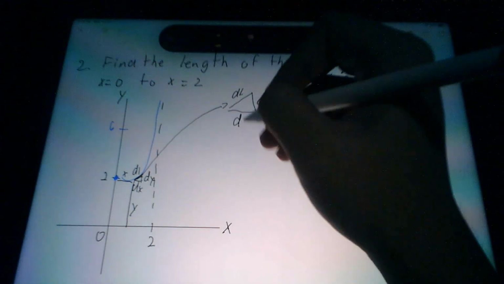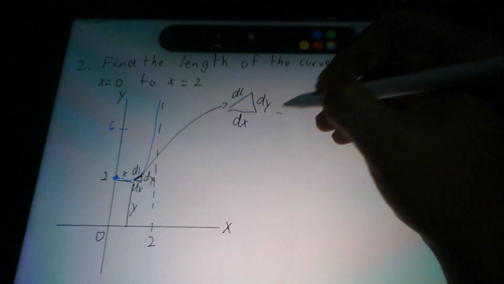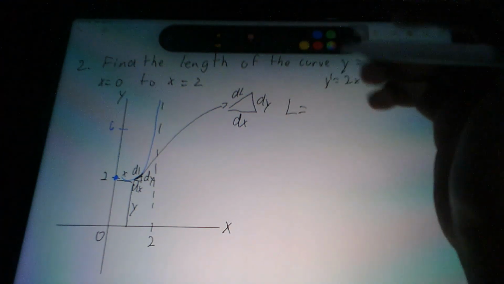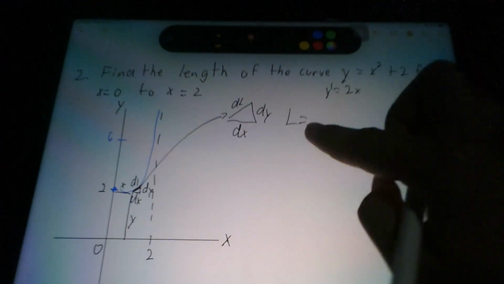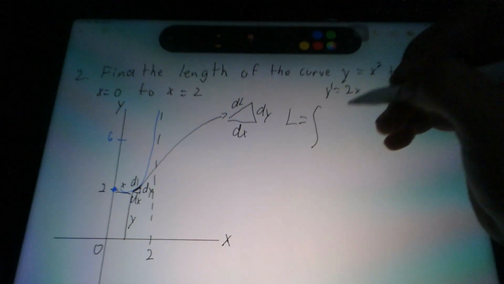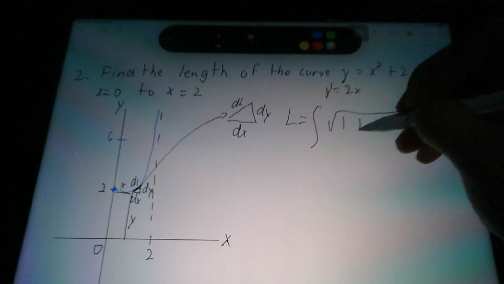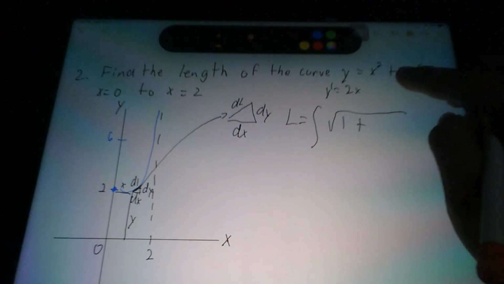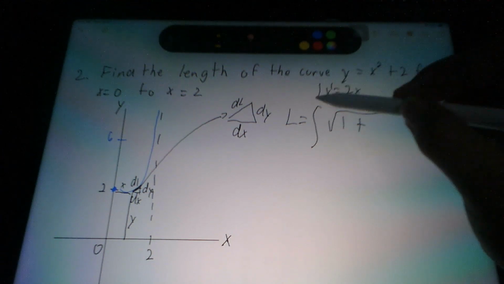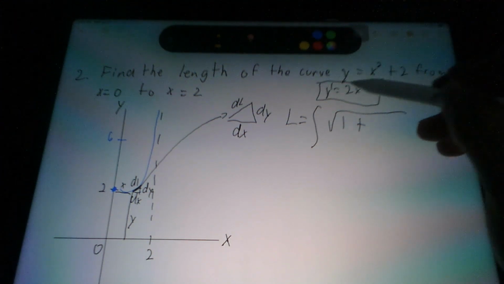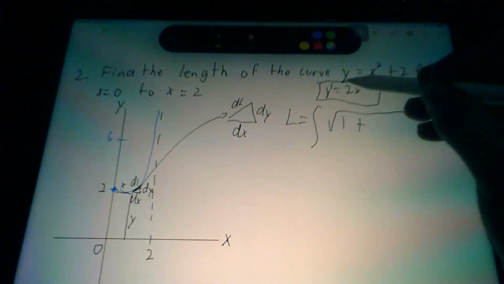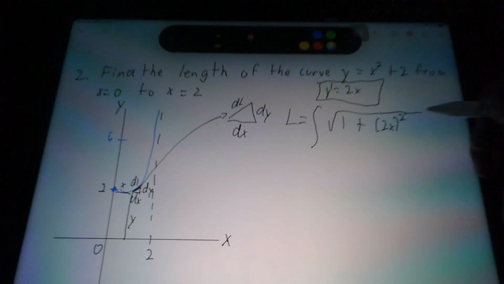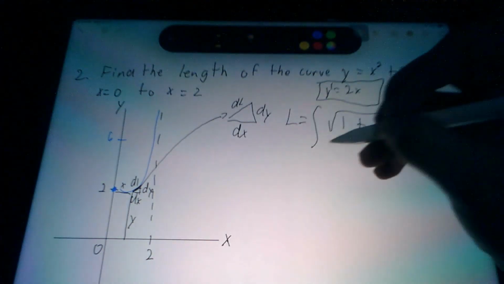This is dy, and this is our dx. So the length is equal to the integral of the square root of 1 plus y prime squared, where y is x squared plus 2. Here it's already written, because this is used to find our vertex. So 2x, so (2x) squared dx from limits 0 to 2.